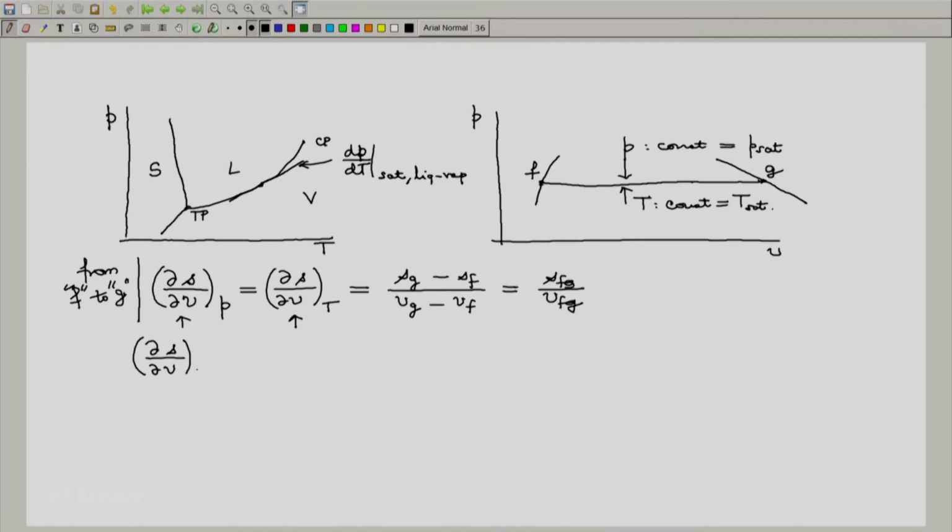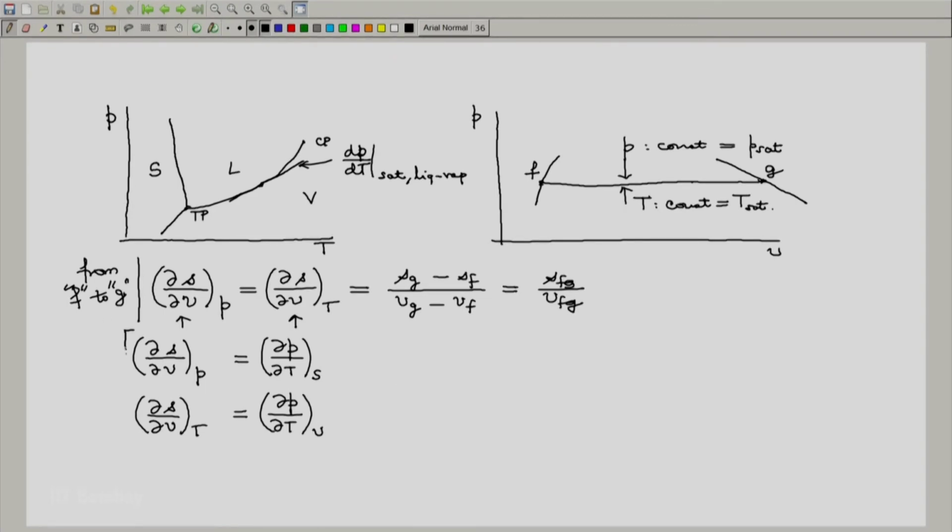Partial of S with respect to V at constant P equals partial of P with respect to T at constant S, and partial of S with respect to V at constant T equals partial of P with respect to T at constant V.